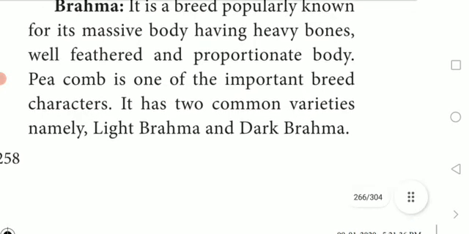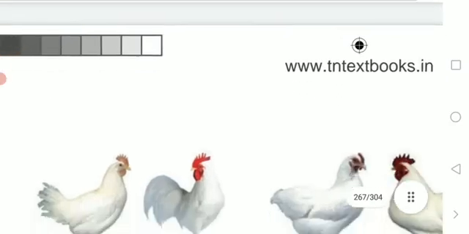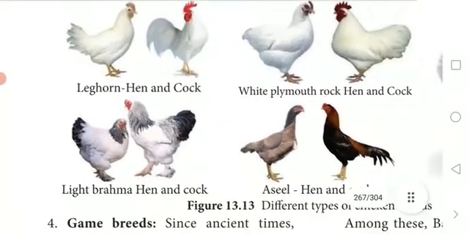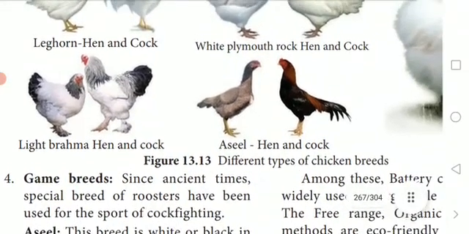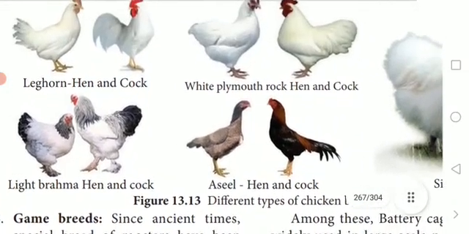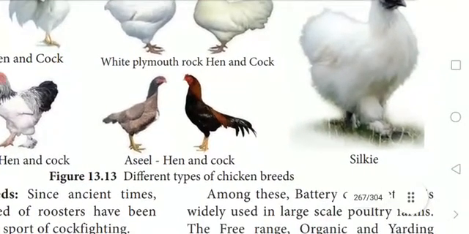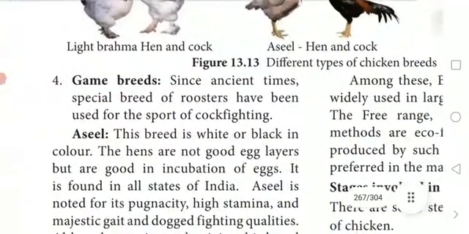It has two common varieties, namely light Brahma and dark Brahma. Here, these are the different types of hens: Leghorn, hen and cock, light Brahma, hen and cock, White Plymouth Rock, Asil, and silky. So these are the examples.